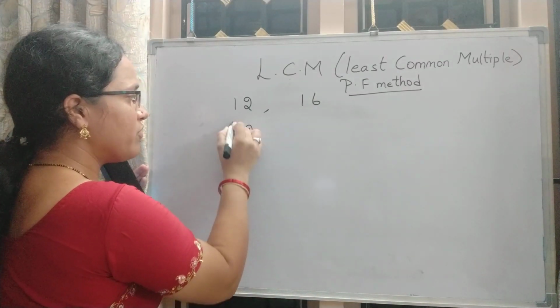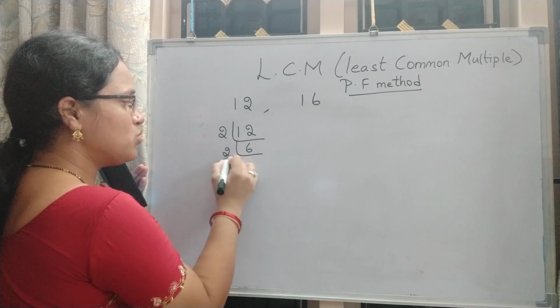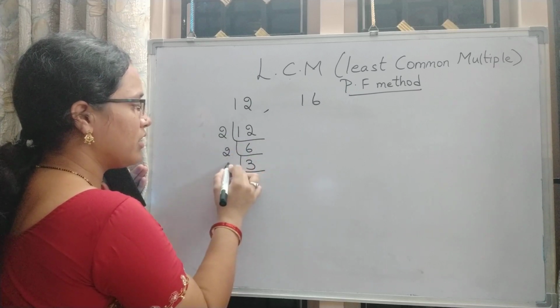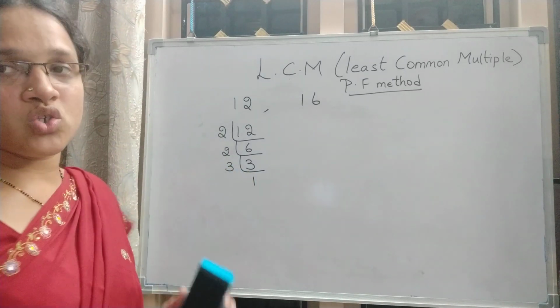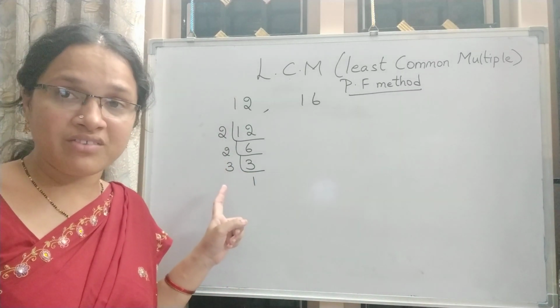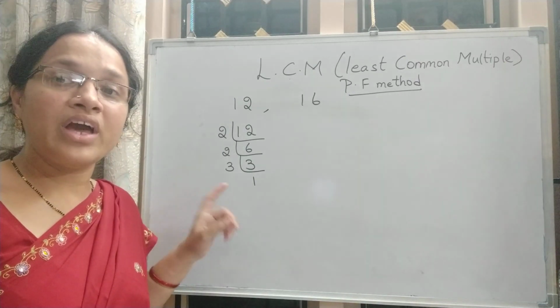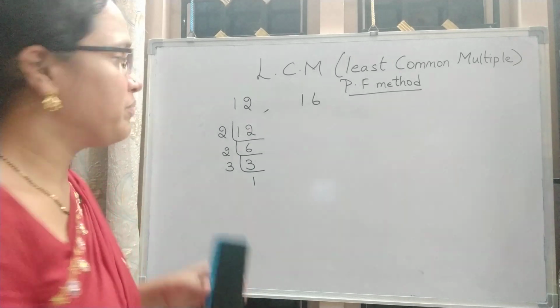So 12. Let us take 12 and write 2 times 6, 2 times 3, and 3 times 1. Please don't get distracted in between when you are doing the prime factorization method. You have to do it till the end, that is where you get 1. Is that clear? Yes.